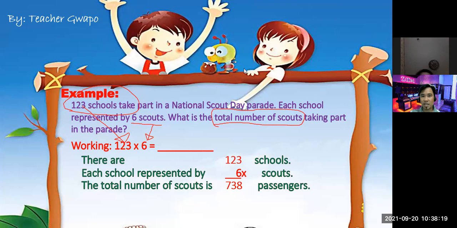This one is scouts, not passengers. Why is it passengers here? So this one is scouts. Cross it out. The total number of scouts is 738. So this one, cross it out. This is not part of the sentence.